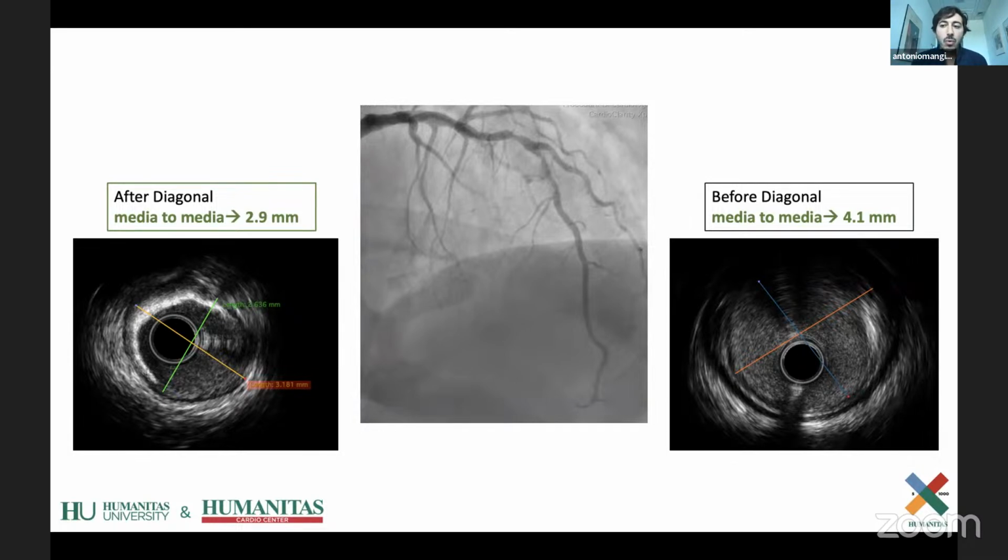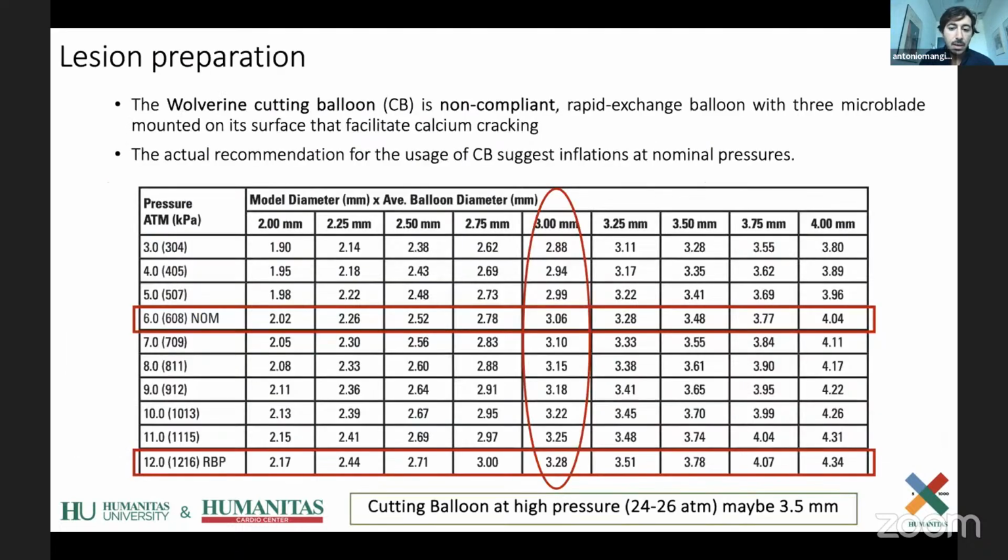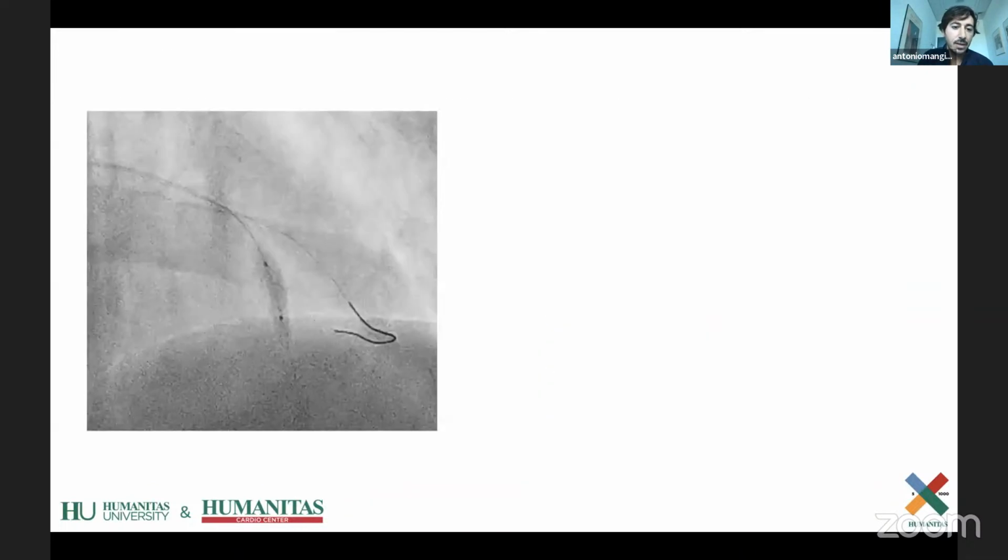I decided to go with a 3.0 cutting balloon, and you see that if we go high pressure, the 3.0 can become, like I said before, almost 3.5. So this is the balloon expansion. I think that is good. I think it's promising. I think it's more symmetrical compared to the non-compliant balloon.